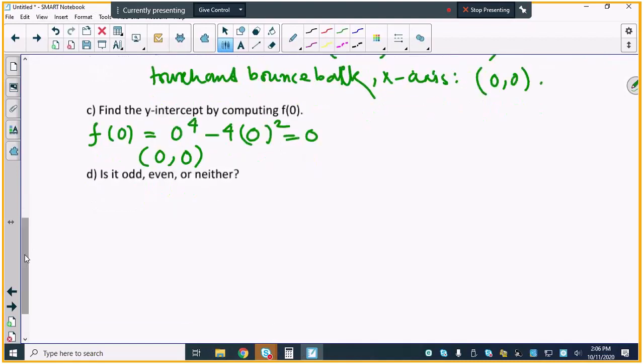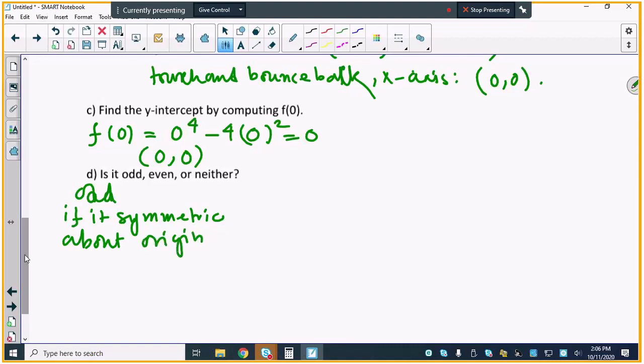Is it odd, even, or neither? So remember, a function is going to be odd if it is symmetric about the origin. And what do I mean by that? Symmetric about the origin? I mean, if I change x to negative x, then the outputs are going to be the same value but negative of each other.